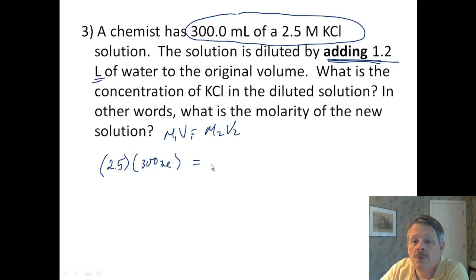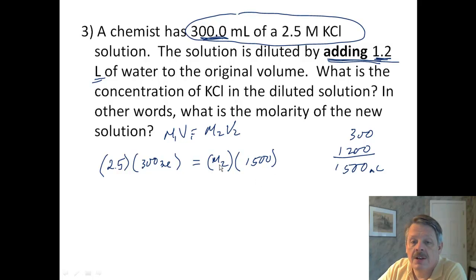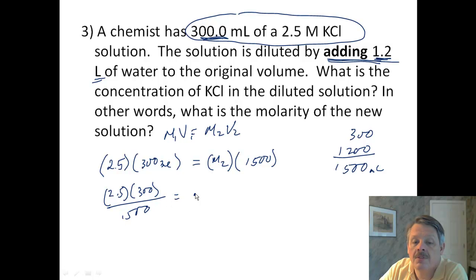Our final molarity is what we're trying to figure out, and our final volume is 300 milliliters plus 1.2 liters. Well, 1.2 liters is 1,200 milliliters, so that's 1,500 milliliters as our final volume. To find M2, we simply have to divide both sides by 1,500. 2.5 times 300 divided by 1,500 gives us 0.50 molar.